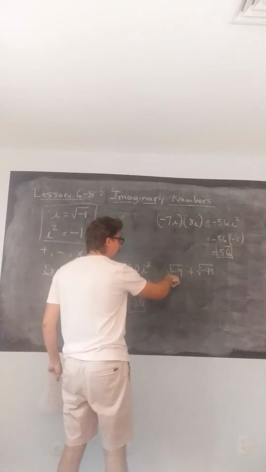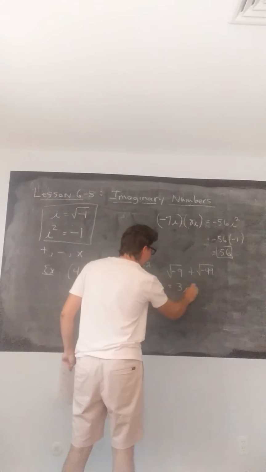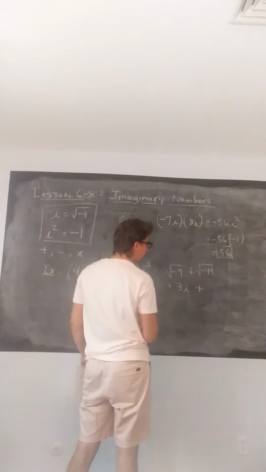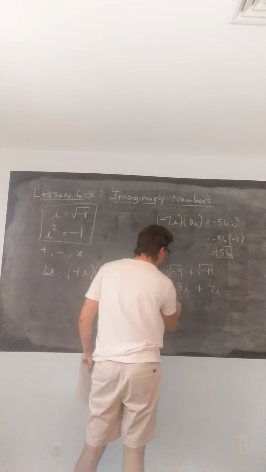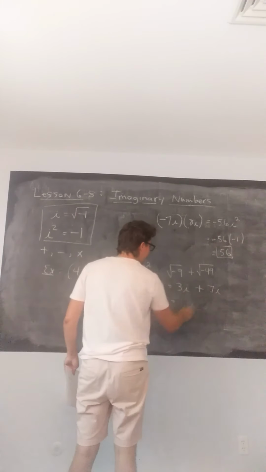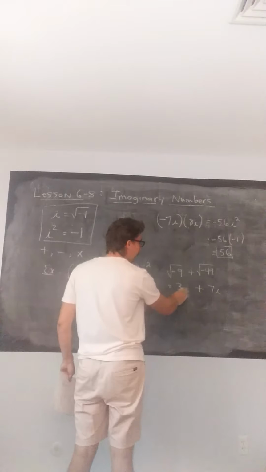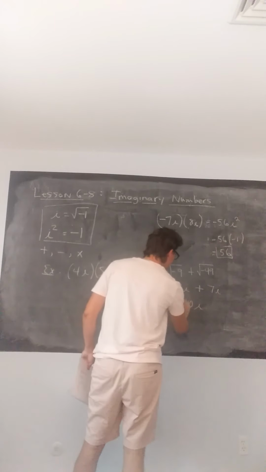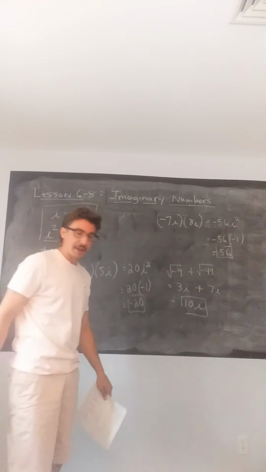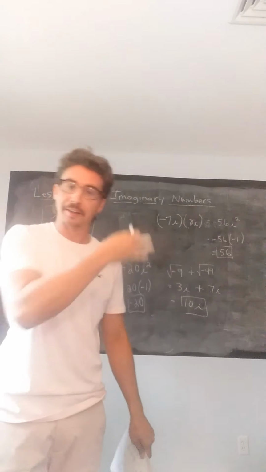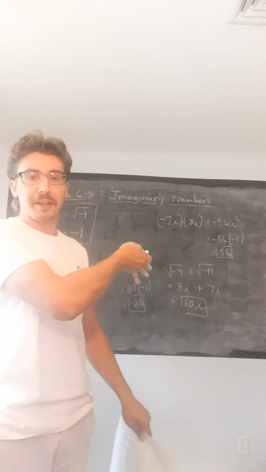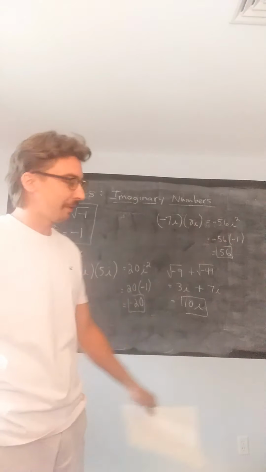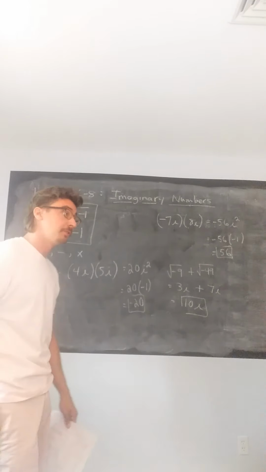So the square root of -9 would be 3i, plus the square root of -49 is 7i. So you can think of this as like 3x plus 7x, right? So 3i plus 7i would be 10i. So the i goes along with this. You can think of it as like 3x plus 7x, or 3w plus 7w, whatever variable you choose, okay?